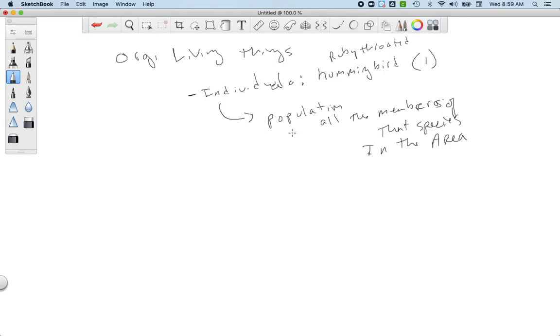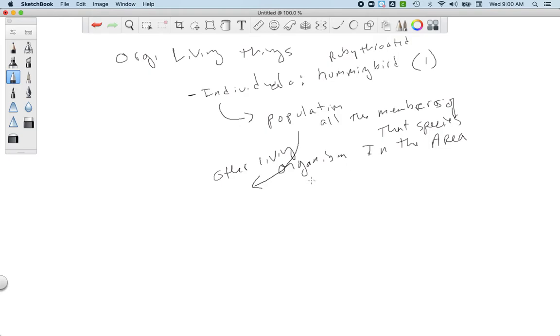That population has to compete with each other for all those abiotic things we mentioned: water, shelter, food. So they compete with each other, and they do it in a similar way. And we'll come back to that at the end. But that population also has to compete with other living organisms.